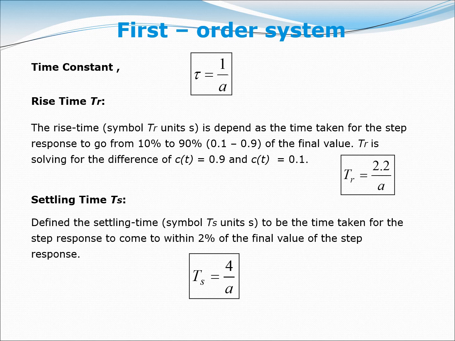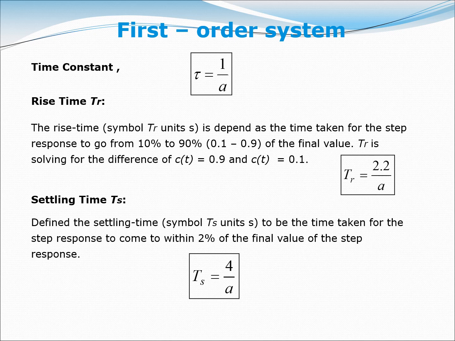So for the first order system, you need to know these three characteristics or parameters. The first one is the time constant, tau, where tau equals 1 over a. The second is the rise time, Tr, which is defined as the time taken for the step response to go from 10% to 90% of its final value.